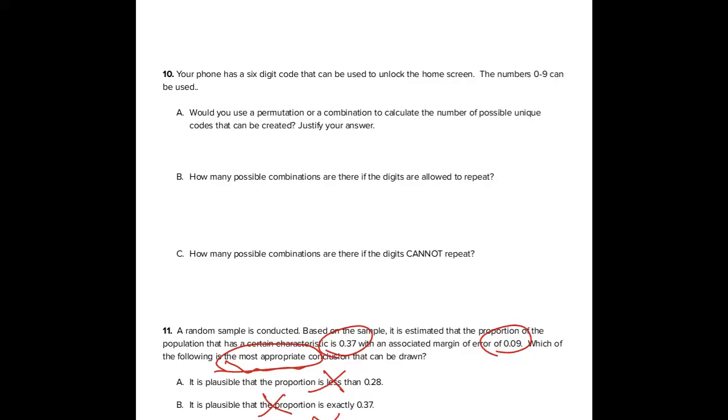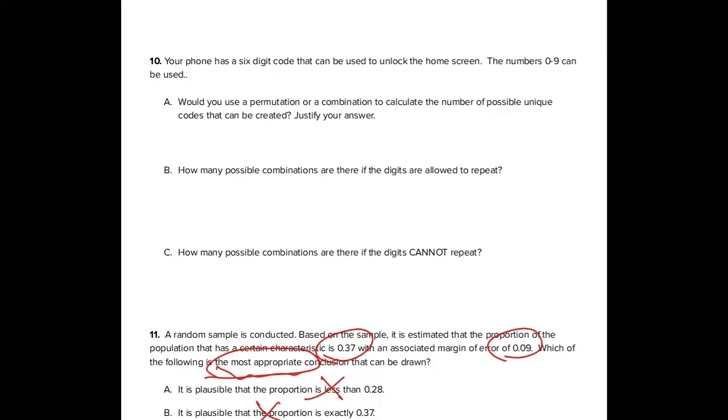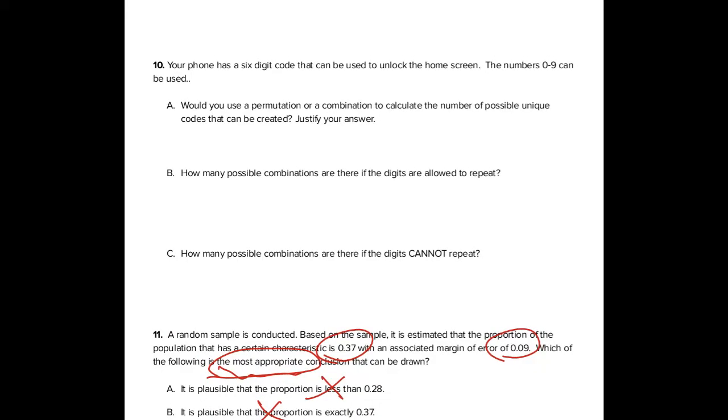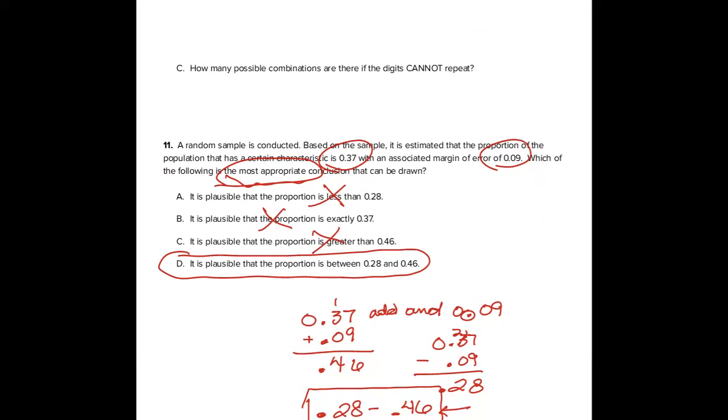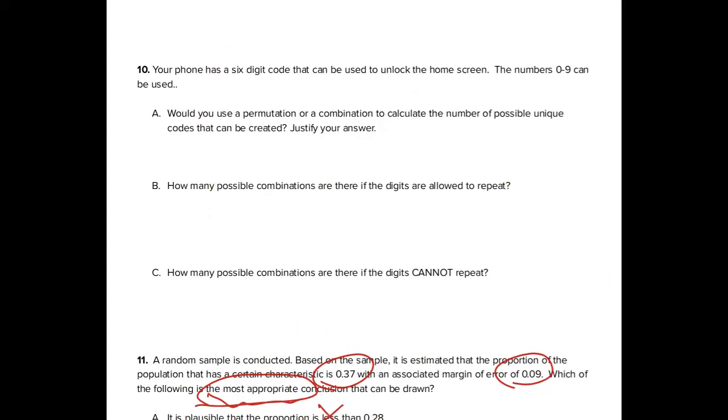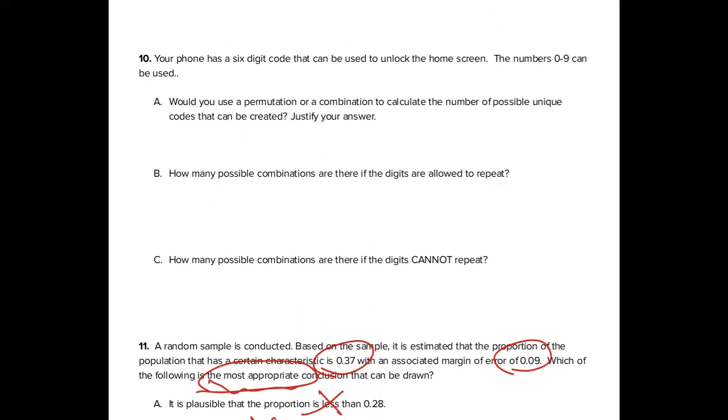So number 10 is always a good one. Permutation combination. We did 11 yesterday. Number 10, your phone has a 6-digit code that can be used to unlock the home screen. The numbers 0 through 9 can be used for that 6-digit code.